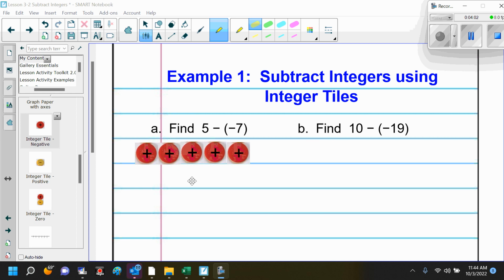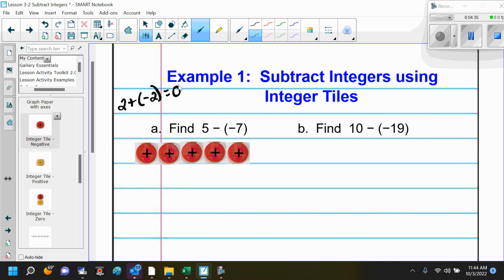Those are all positives, right? I have no negatives in there. Does everybody see that? So we need to somehow get some negatives on the board. Do you guys remember last time we said a number plus its opposite is equal to 0, right? So if I had 1 plus negative 1, that would be equal to 0, correct?